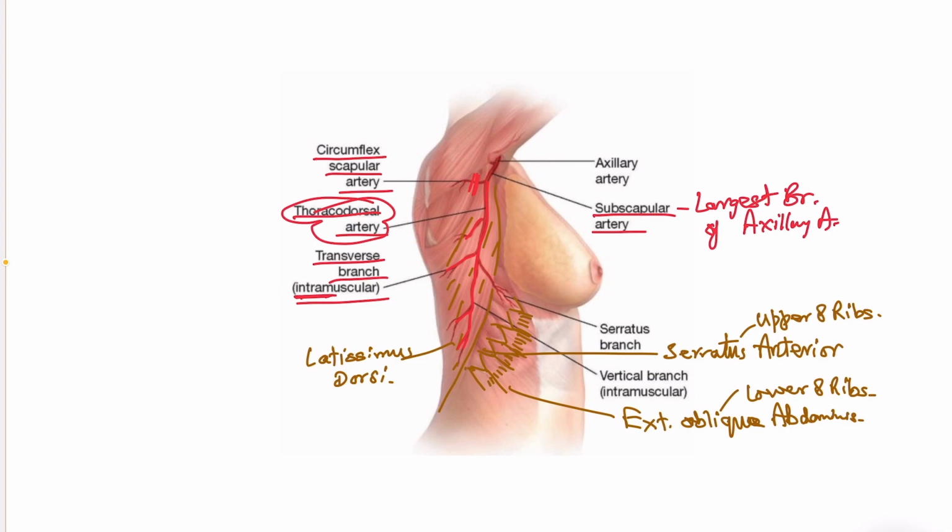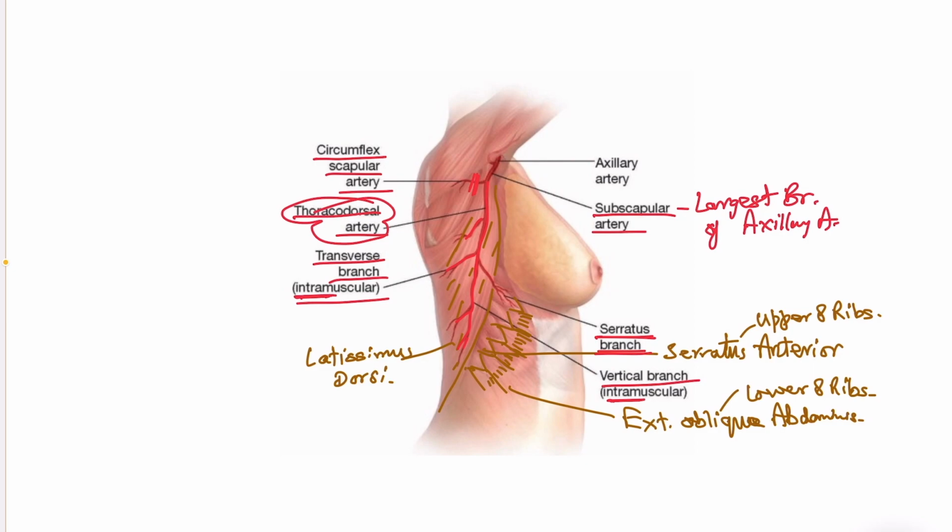And it also gives anteriorly a few branches to this muscle, serratus anterior, right? And it continues as vertical branches which are also intramuscular. So in its course, it gives out transverse branches and vertical branches to supply latissimus dorsi, and it gives anterior branches to supply the serratus anterior muscle as well.